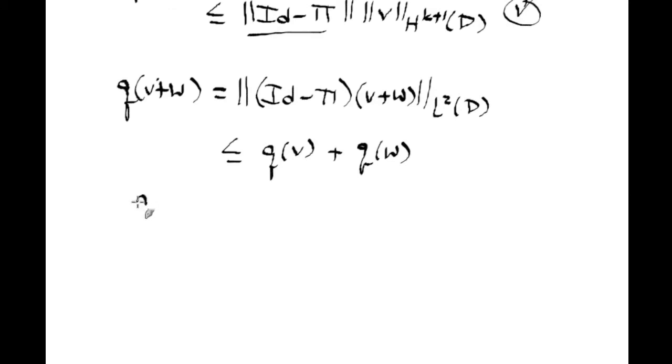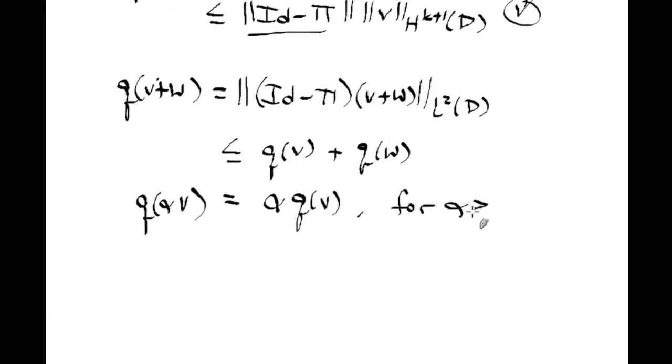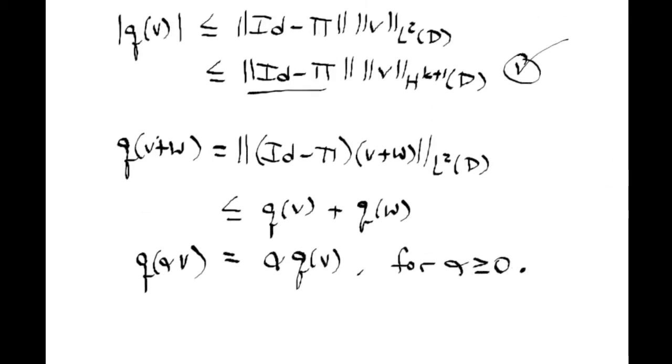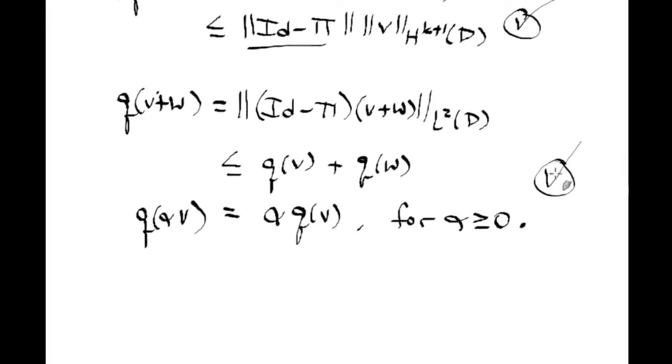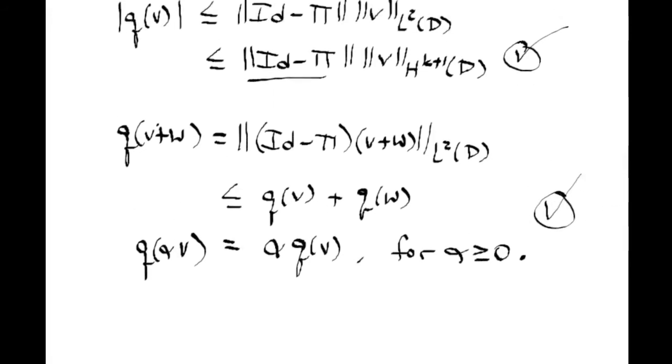And again, same with a constant. If we plug in a constant here, we will also get out alpha Q of v, for alpha greater than or equal to 0. So yes, we have that Q is a sublinear bounded functional.